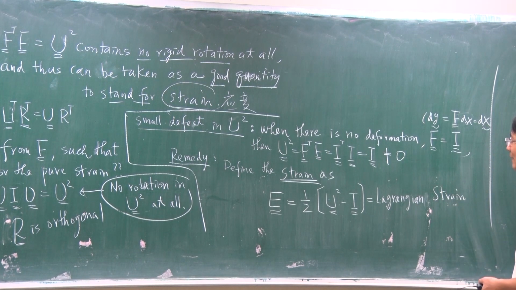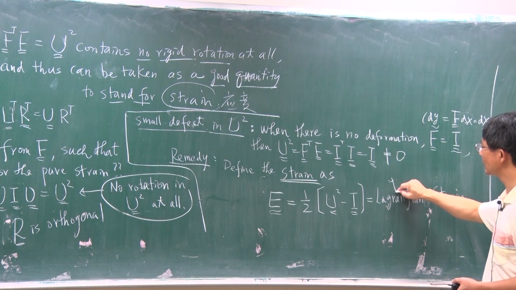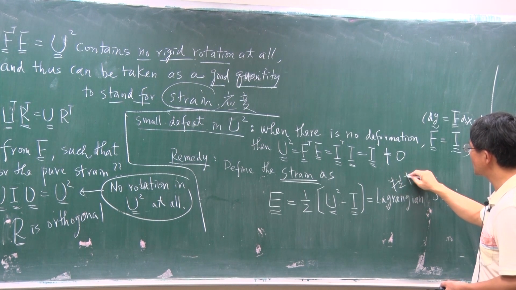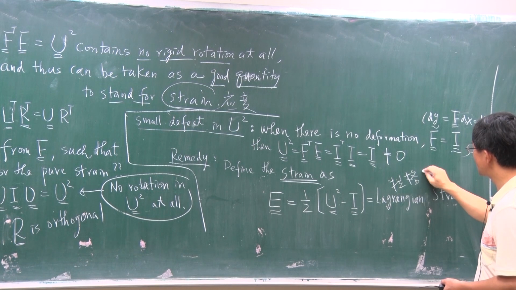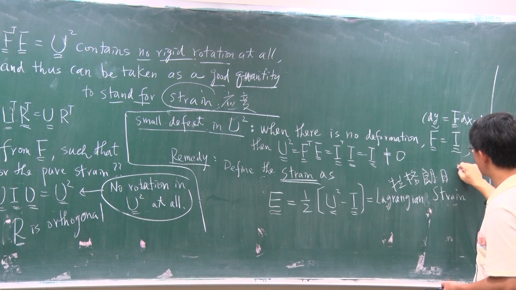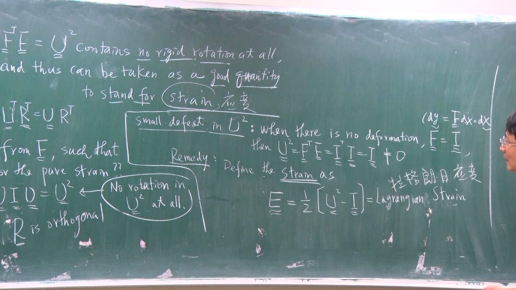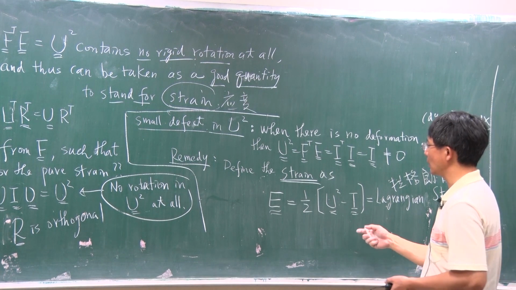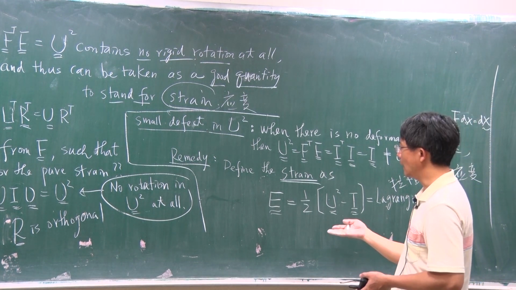Remember this name, Lagrangian strain. This is the strain we finally have. This strain has a lot of merit. We will explain it later.